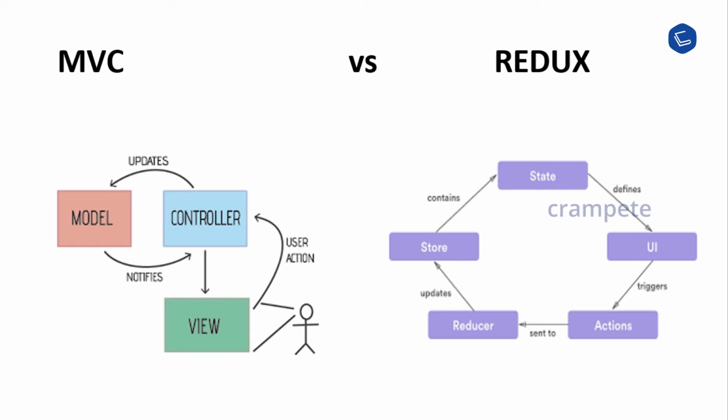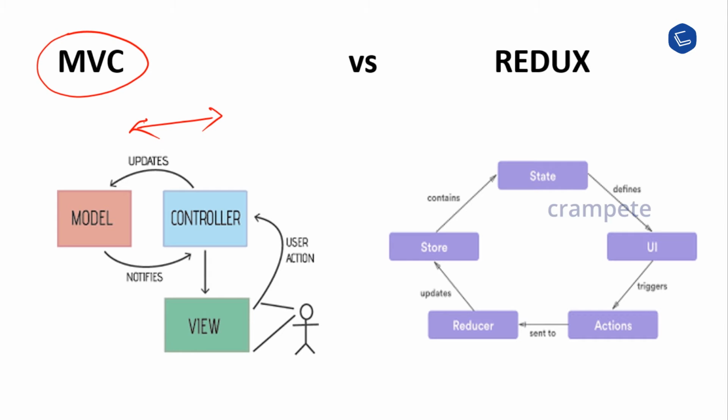So how is it different from MVC, the traditional model, and what is the advantage of using Redux? The problem with the traditional MVC architecture is that it loses control of your data flow. In general, the data flow is bidirectional, that is, two-way data binding in MVC. The user inputs in one component can affect other components and vice versa.